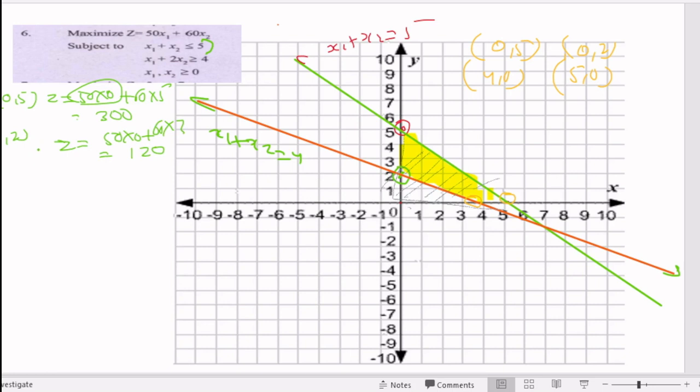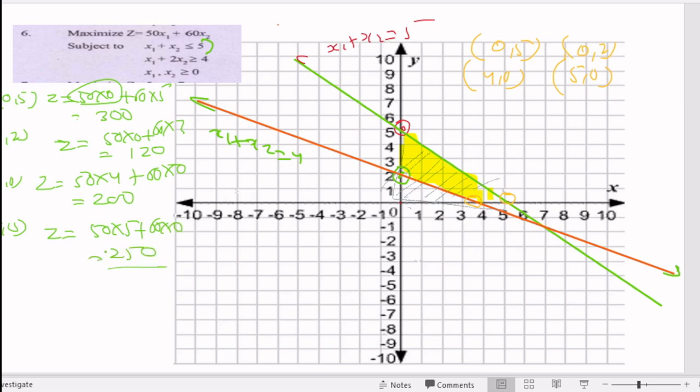Ignore because this is smaller than the previous one. Next point 4, 0. So 50 into 4, 60 into 0. 200. Again you can ignore, lesser than the first one. Last point 5, 0. So z equal to 50 into 5 and 60 into 0.